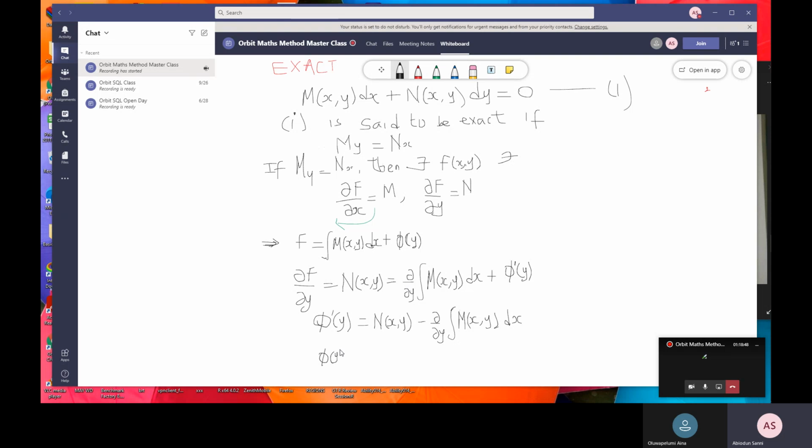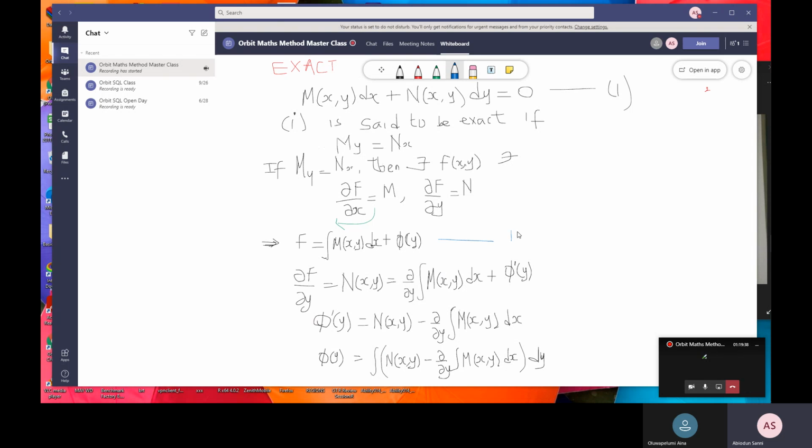That phi of y will now be equal to the integral of the whole of this, say N of x comma y minus the partial derivative with respect to y of the integral of M of x comma y dx, with respect to y. So apparently this is my f.